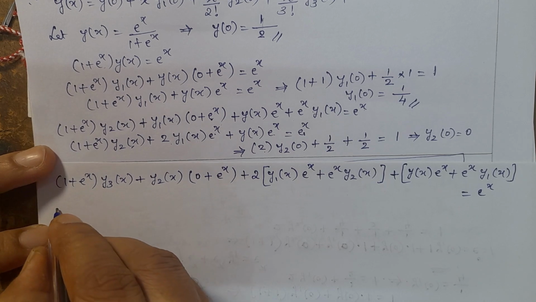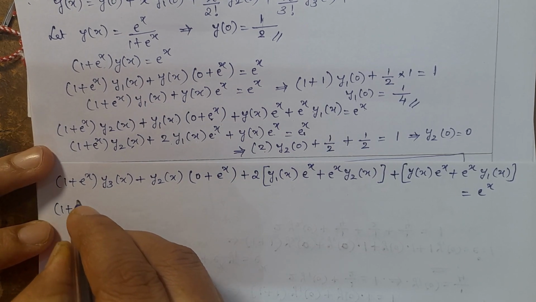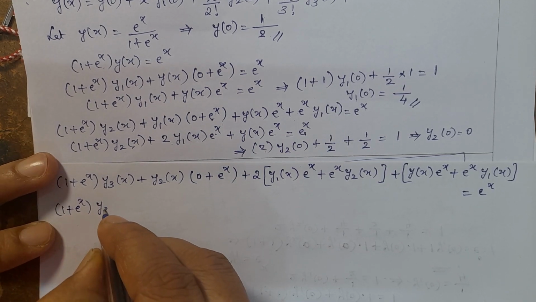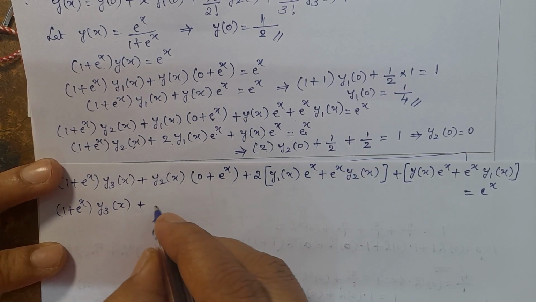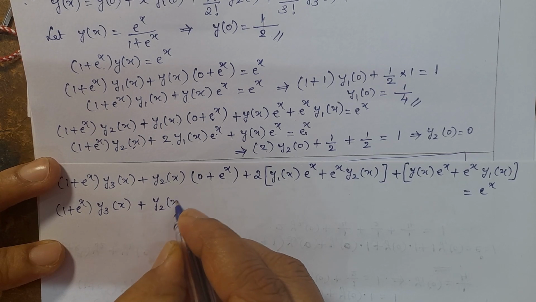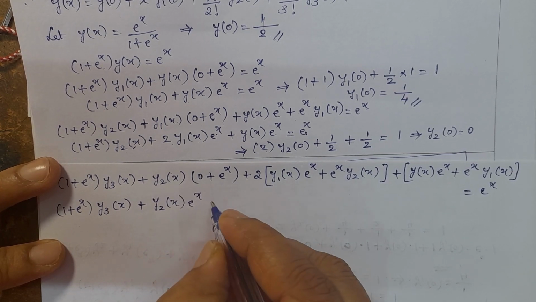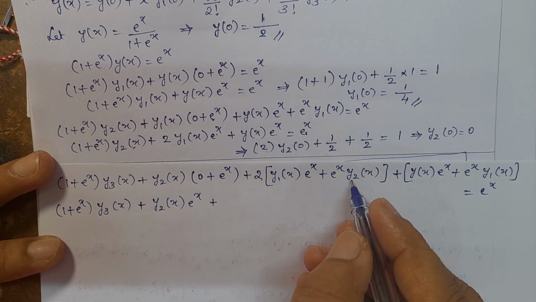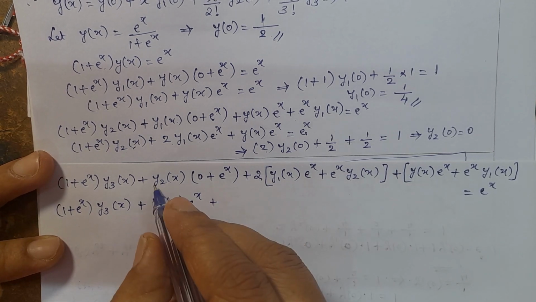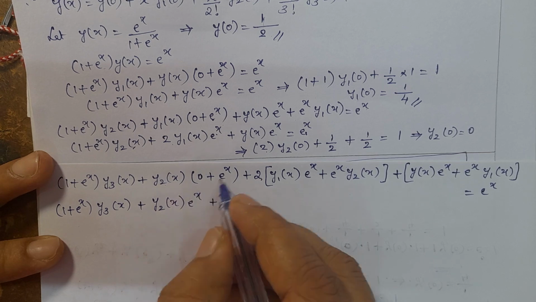So next 1 plus e power of x y3 of x, plus y2 of x e power of x, plus 2 times y2 of x e power of x, here 1 times y2 of x e power of x.